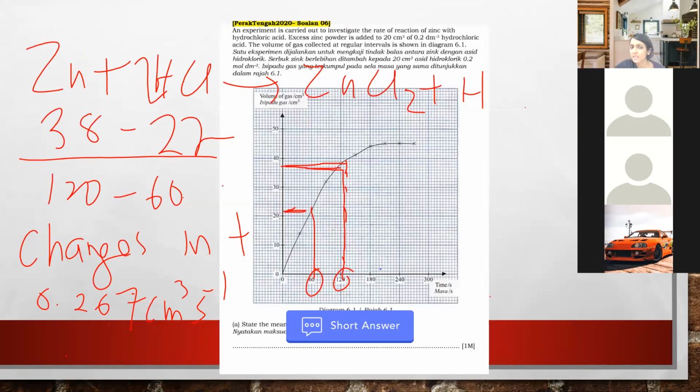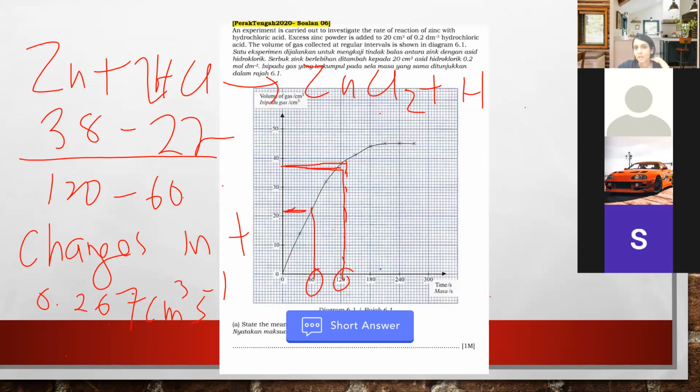No, zinc dissolving is not the only answer. Something else is also used up, zinc and what? H plus ions finish reacted. Okay, we don't say H plus ions, we say hydrochloric acid, because this is not collision theory. Only in collision theory do we talk about H plus ions. So we say zinc and hydrochloric acid has been used up.